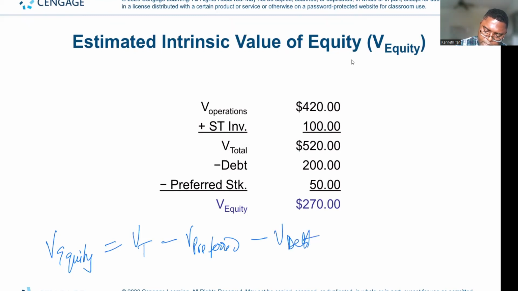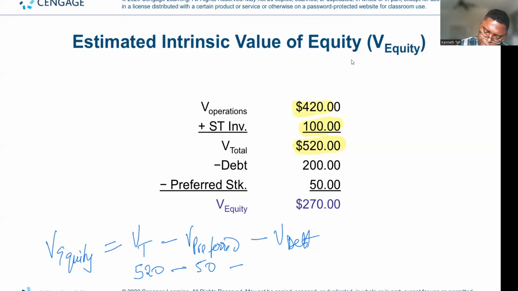And the total value, which we said is 520, came when we took the value of operation plus short-term investment. So now we are going to subtract the value of debt, which is given as 200, minus the value of preferred stock, 50.